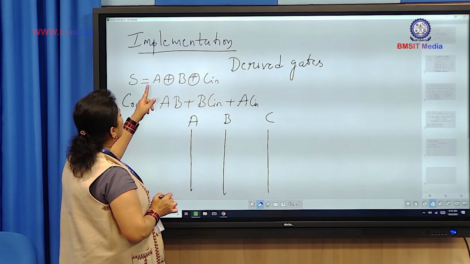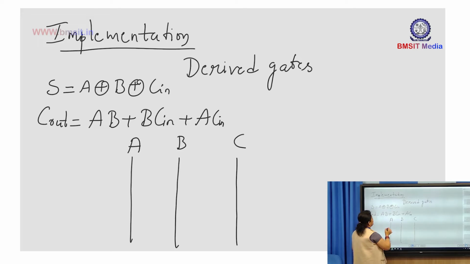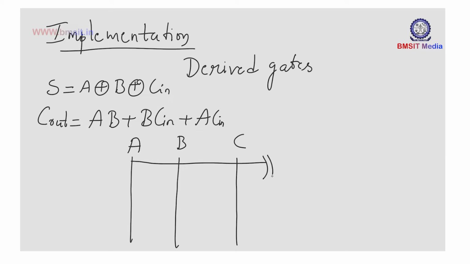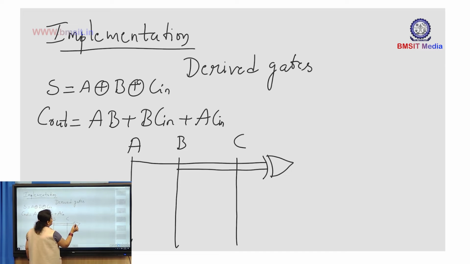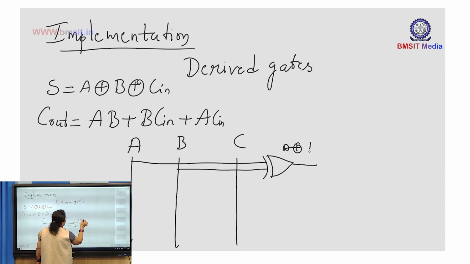For sum, I require A, B and C. So first it is A XOR B. So I'll take the input A and give it to an XOR gate. So A XOR B. So B, I'll take the input and give it to this XOR gate. So here at the output of the XOR gate, I'll be getting A XOR B.